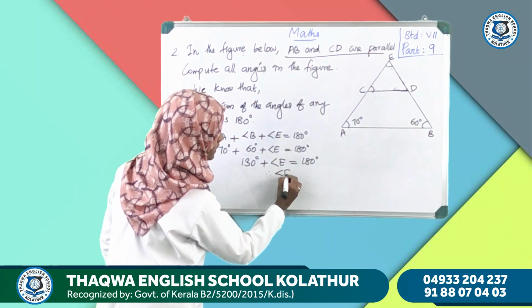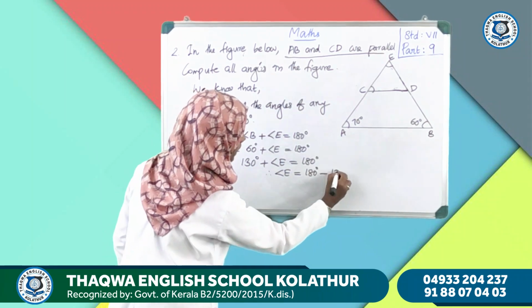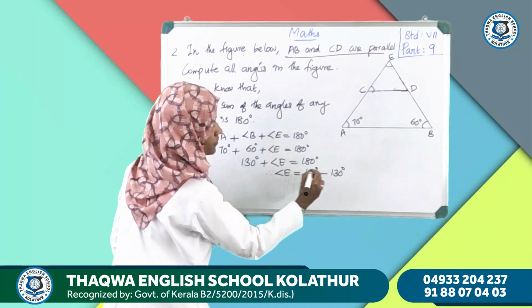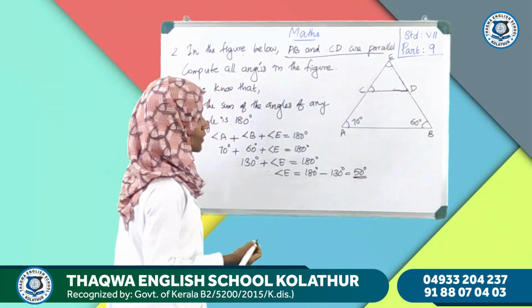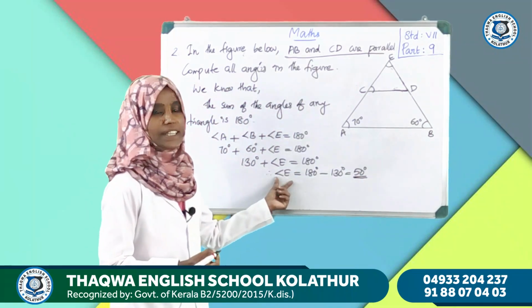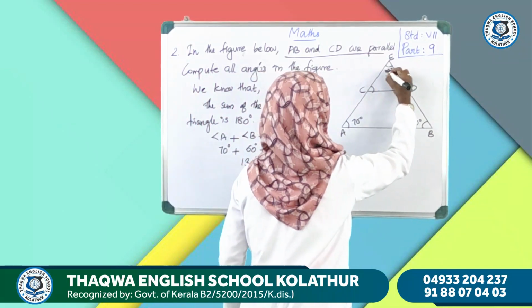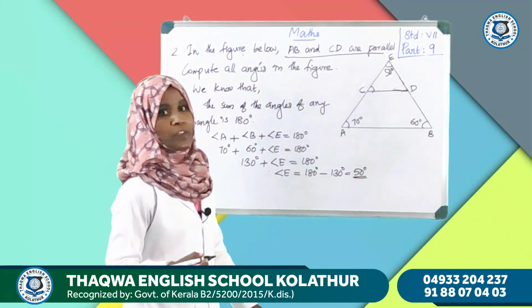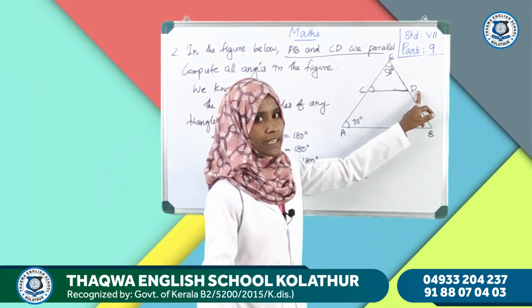Therefore, angle E equals 180 minus 130, that is 50 degrees. The measure of angle E is 50 degrees. Now we have to find out the angles at C and D.